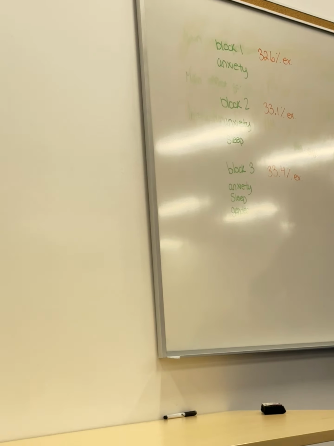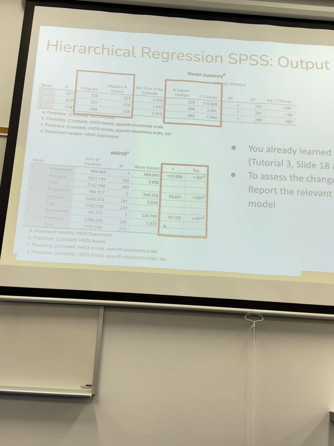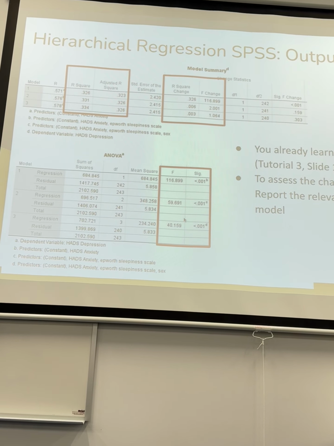The next thing you have to look at is your F and significance values, your F and P's. Once again, there is one for every single group. So there's 3 that you have to report. It's redundant, but it matters. So basically, you're going to go through again and do the same thing.